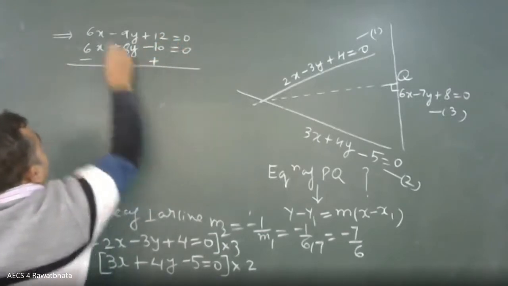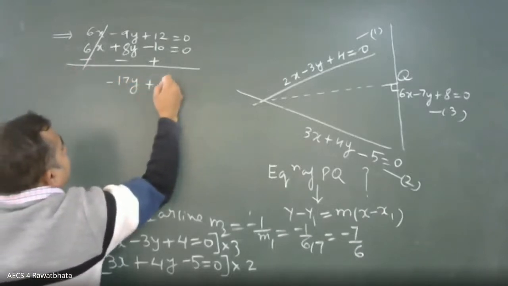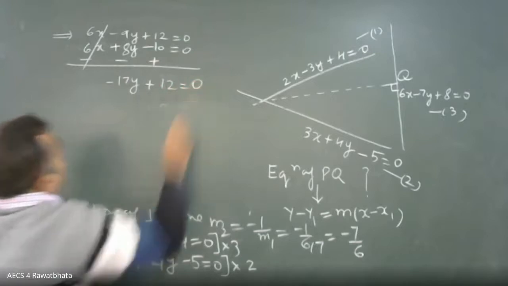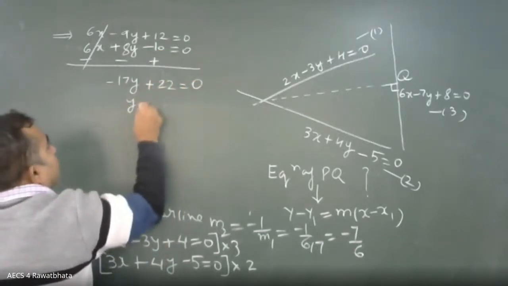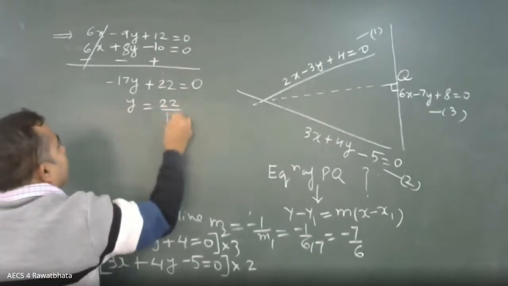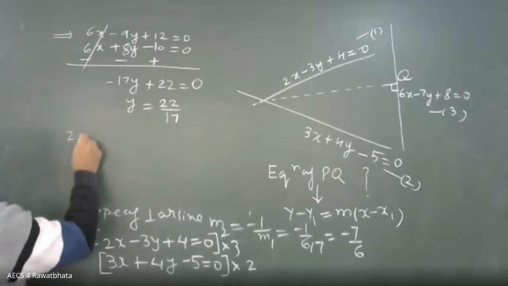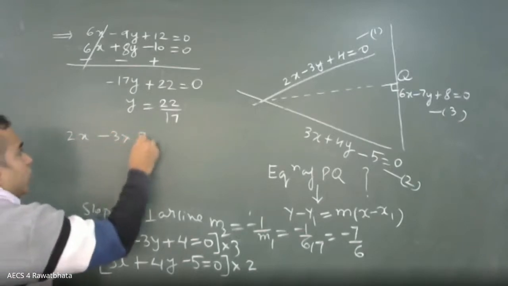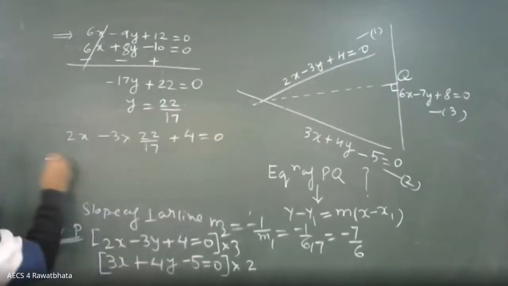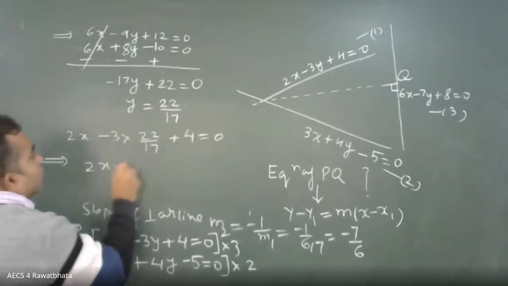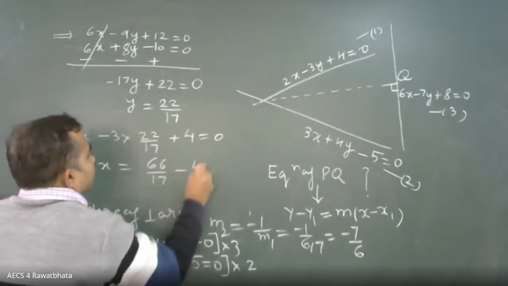Subtract: minus 17y plus 22 equals 0. Students, please check the calculation, there are many errors in calculation. Y equals 22 upon 17, and to get x I have to put it in 2x minus 3 into 22 upon 17 plus 4 equal to 0, which means 2x equals 66 upon 17 minus 4.